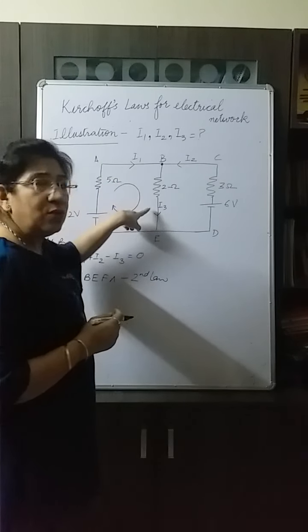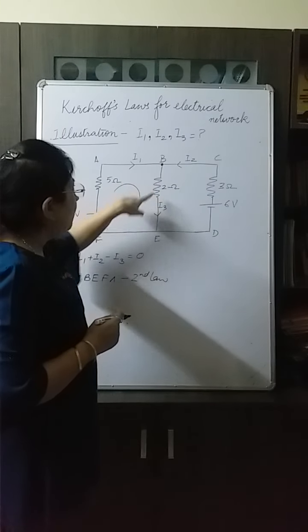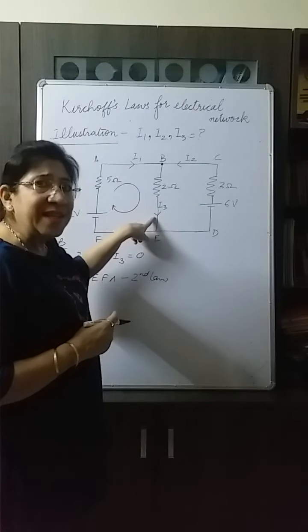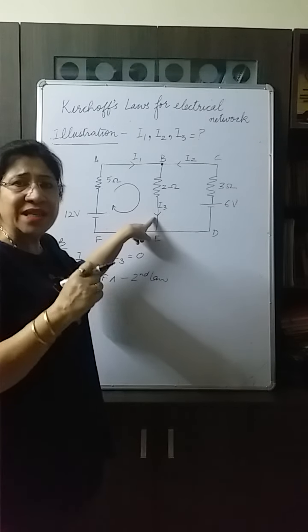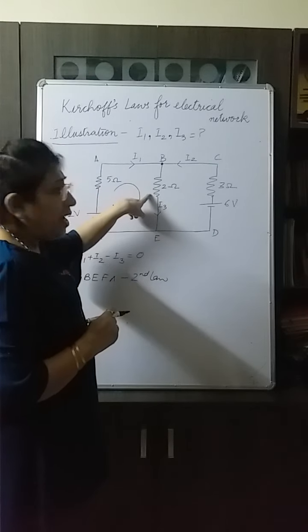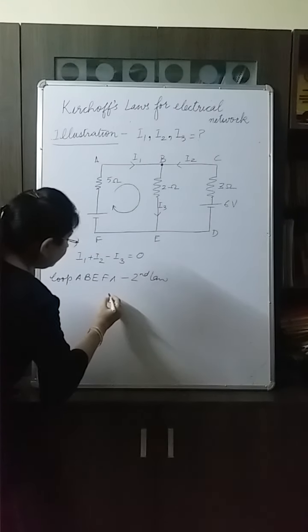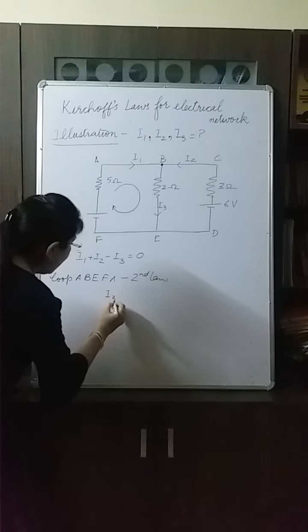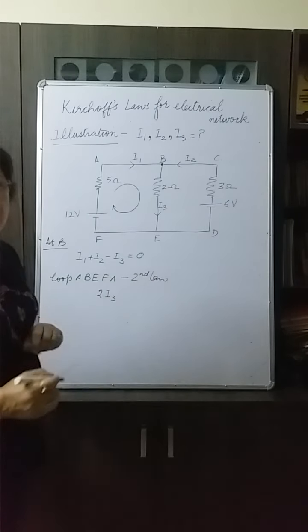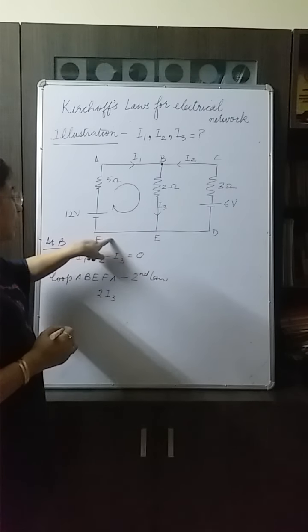In this 2 ohm resistance, the current is flowing in the same direction as our chosen direction of traversal, so IR will be taken positive. So we can write 2 I3.